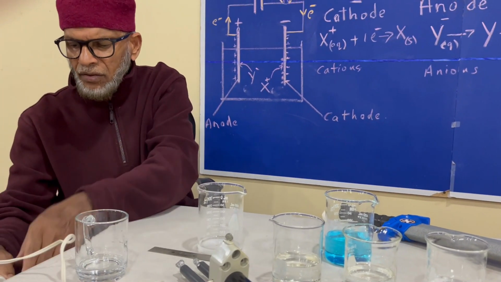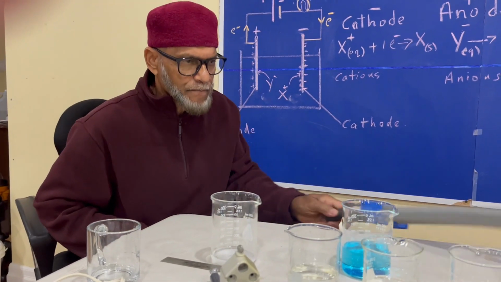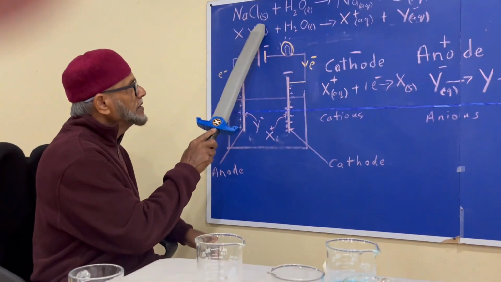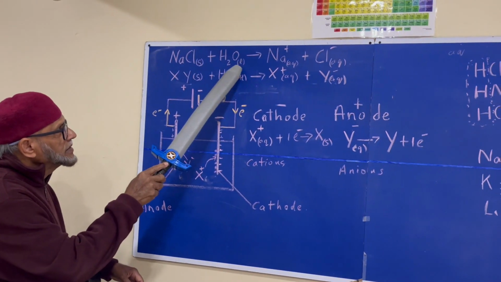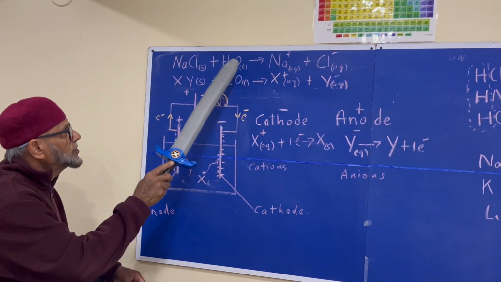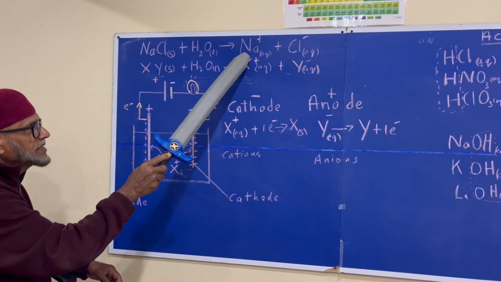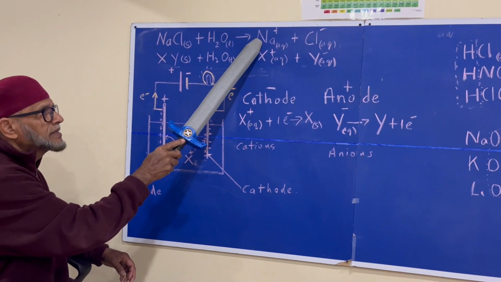Okay, so we shall now try to explain how they conduct electricity. So this is sodium chloride here, solid. When you dissolve sodium chloride in water, it causes the dissociation of the sodium and chloride ions like this. So these are the ions that are present in sodium chloride in billions.